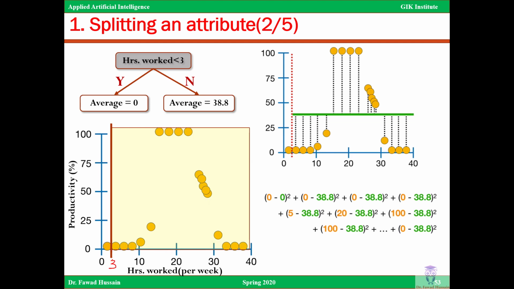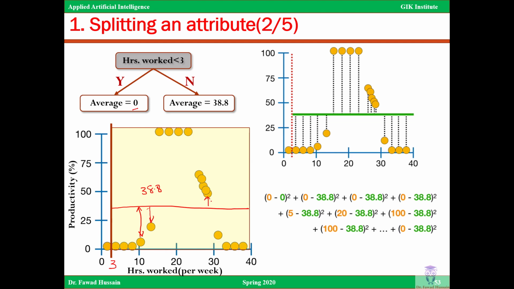So if I split at 3, the average here is 0, and the average in this part is 38.8. So I can use the sum of squared errors. If my 38.8 lies somewhere around here, I can calculate the distance between each point and this average value. So I can use this one, and then this one, and so on.